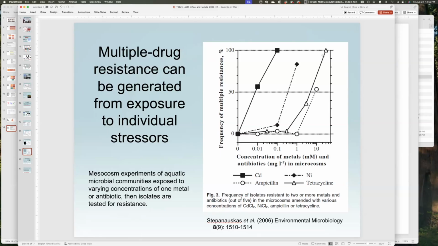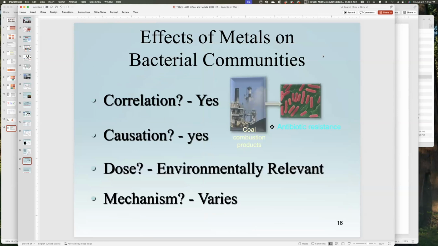Okay, so, all right, what we've shown is there's a correlation between metal exposure and antibiotic resistance. Then we went into the lab and did these mesocosm experiments so that we showed causality.